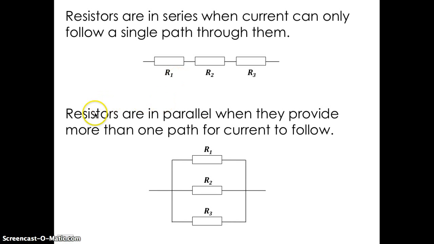On the other hand, we could have parallel resistors, where the resistors provide multiple pathways through which current can flow. If current comes in here, it could go up this pathway, or take this pathway, or go down and take this pathway. There's a junction. Anywhere you see a junction, there's the splitting of paths, and that means we have things in parallel.